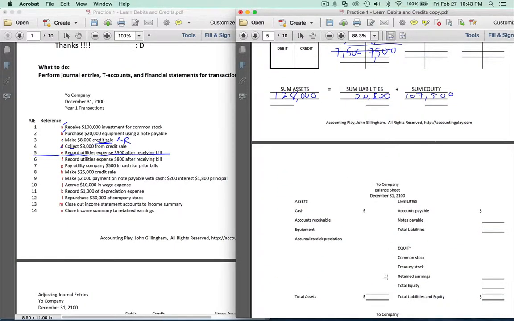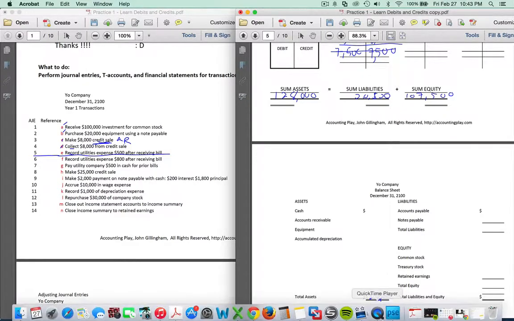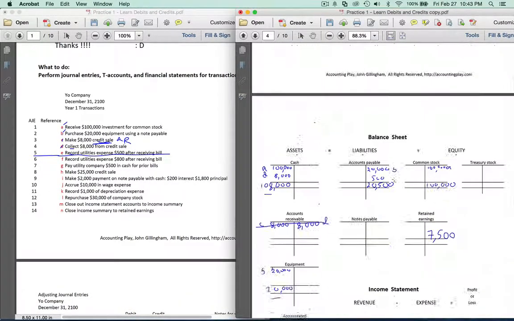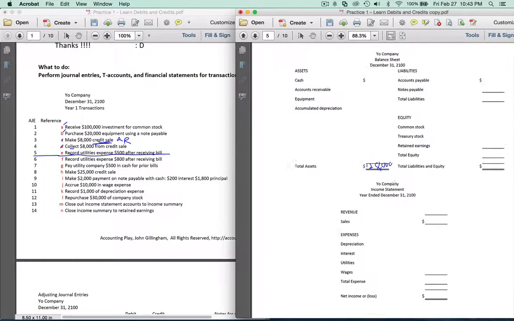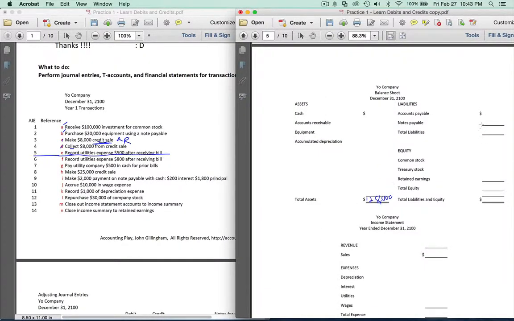So we know already that the sum of assets would be in this 128,000. Sum of liabilities is 20,500, right? Isn't that what we decided? Can't even tell with my own handwriting. It's pretty sad. 20,500 is going to be total liabilities. So we already know that.